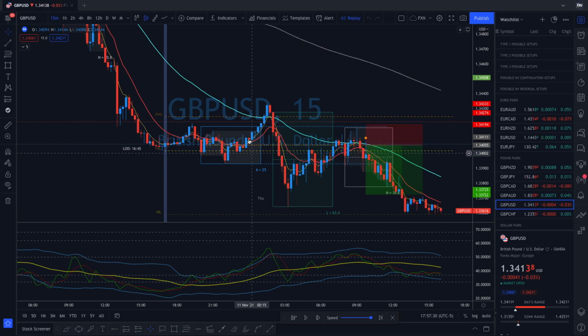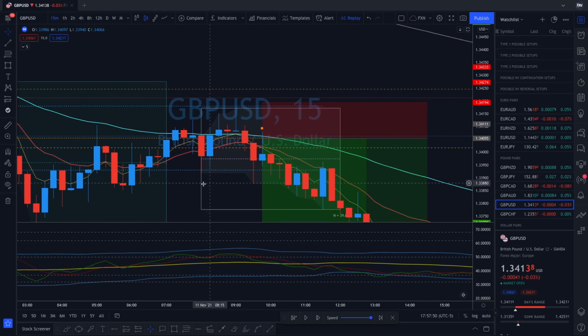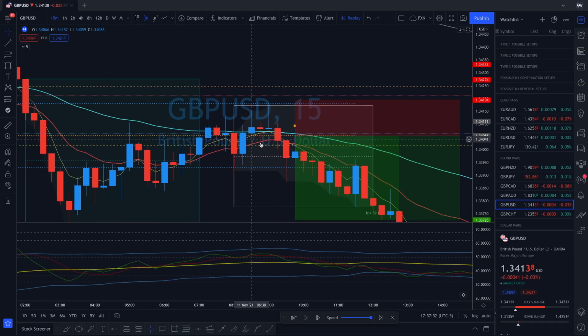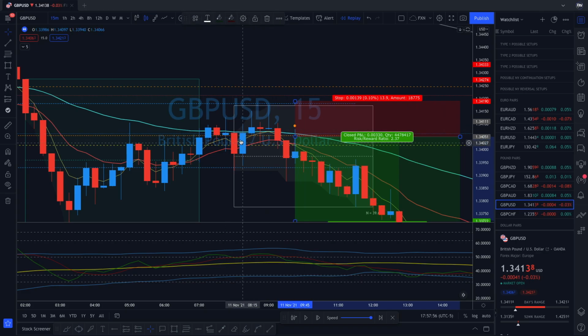Okay, so you can see here we have an early move, super early move in London, and then we worked all the way to pull back to the beginning of the session. Okay, and then we get rejected at the 50, which also just happens to be the middle of the range as well, right? So the entry itself can be anywhere after, because this right here is not an entry.